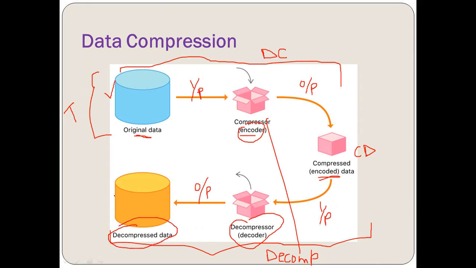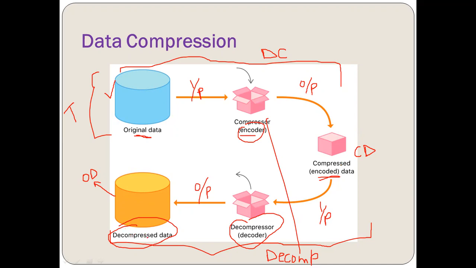Now, there are two possibilities. The possibility is that this particular decompressed data can be exactly the same as the original data, right? Because we are doing the reverse process of compression, that is decompression. We were taking the original data, compressing, encoding it, and getting the compressed data. Now here we are taking the input as compressed data, decoding it, and getting the output as decompressed data.